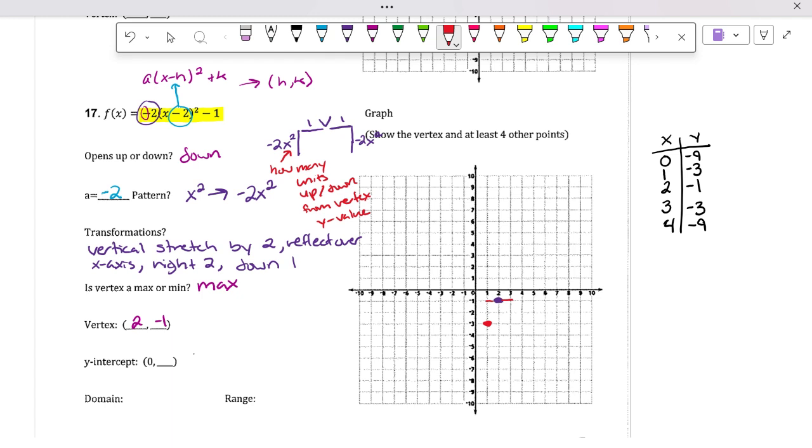So we're still 1 unit away. This will be what you plug in for x, depending on how far away you are. However far away you are horizontally from the vertex, you square it and then multiply it by the scale factor. That'll tell you how far down or up from the vertex you need to be. So for 3, it should be the same thing because they're symmetrical. Which it is. It's 1 away from the vertex. Squared, it's 1 times negative 2. You're going down 2 units.